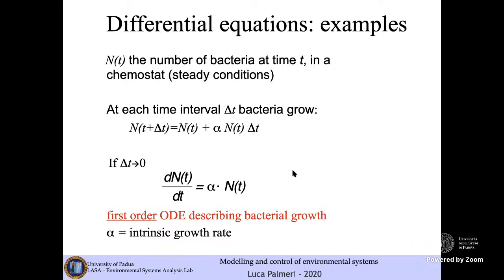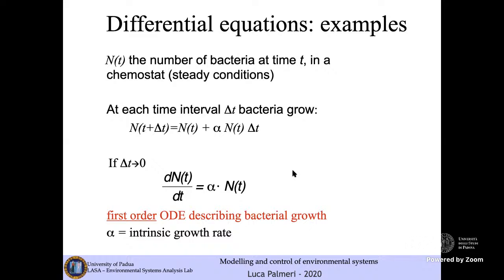In particular, let's be very practical. Let's focus our attention on, for example, a bacteria colony. We may introduce the state variable n(t) representing the number of bacteria at time t in a chemostat.